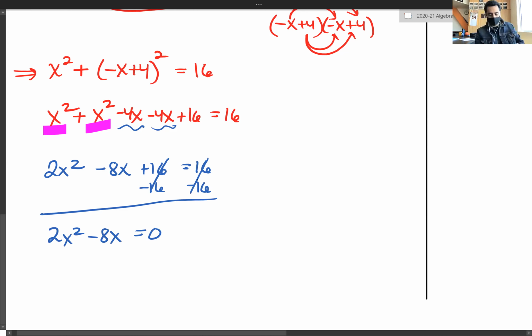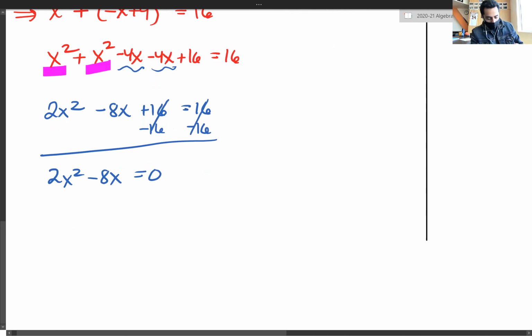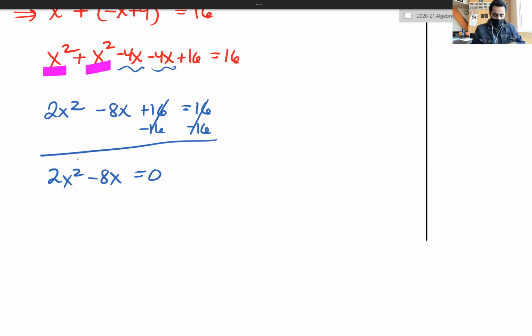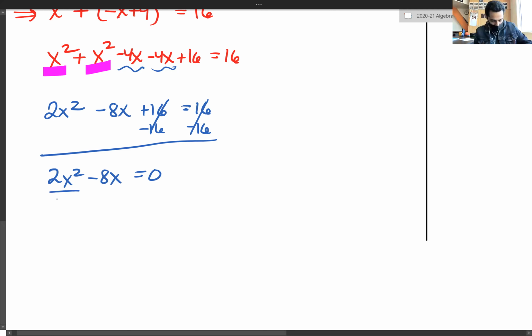That's actually kind of nice. So it's already set equal to 0. We can factor, we can solve for x. All right, I have 2x squared minus 8x. What could I factor out of both? Right, we always check for GCF, right? So if we can divide both by 2x, that's good. We have 2x times (x minus 4) equal to 0.